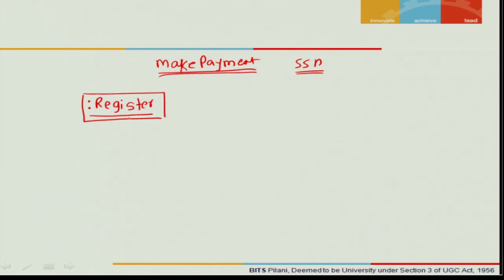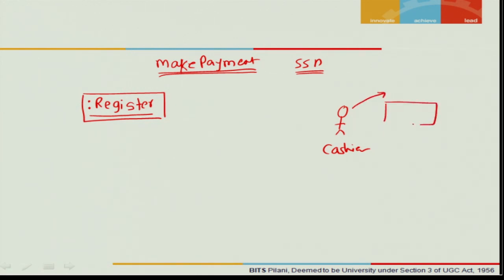So register object, what is the responsibility of a register object? To interact with the outside world, get the event from the outside world and then interact with the core domain objects of your point of sale case study. So whenever you say make payment, how is it happening? Cashier is firstly clicking some event.